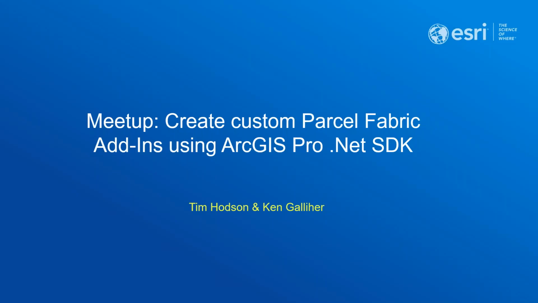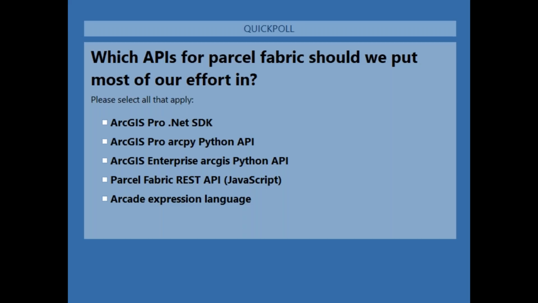And the last question, thank you for your patience, is which APIs for Parcel Fabric should we put most of our effort in? Is it the .NET SDK? And I know you're biased because this is for .NET developers. Is it Python APIs, whether it's the ArcGIS Pro Enterprise or the ArcPy in ArcGIS Pro?